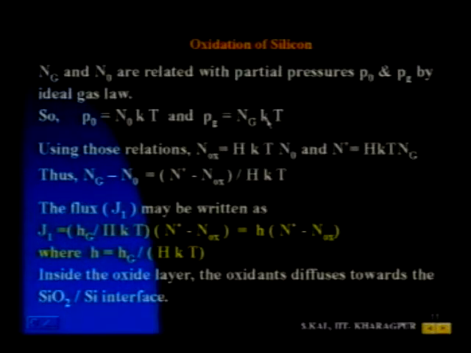From these two equations we can easily find Ng minus N naught, which is equal to N star minus NOx divided by HkT.